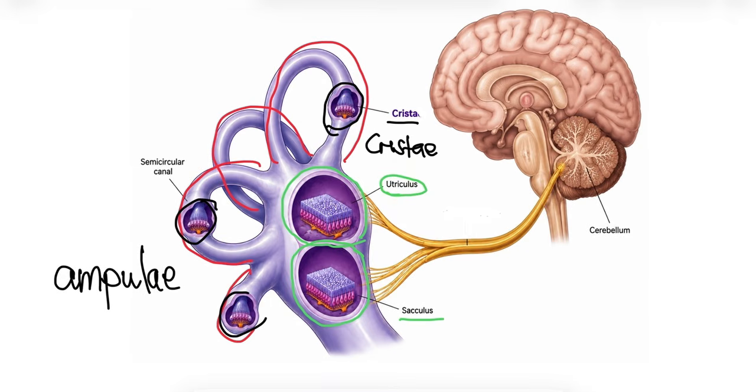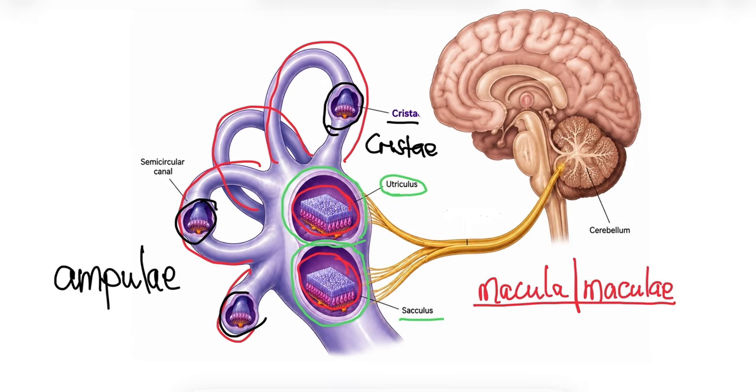Inside the utriculus, we have a very important type of receptor, known as the maculae when they are many, macula when it is one. This is a type of receptor that is found in the utriculus and the sacculus.